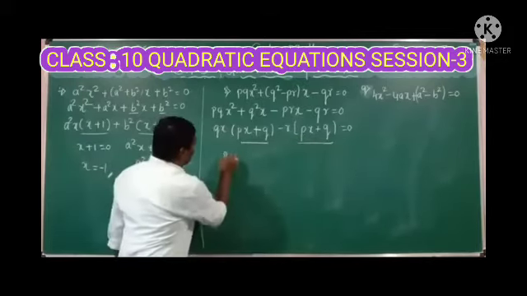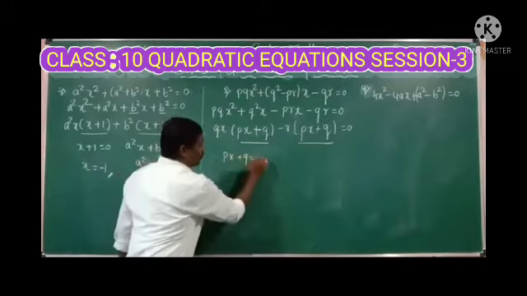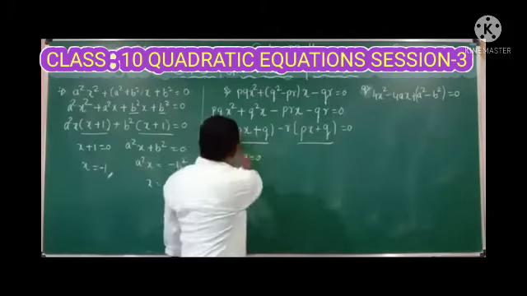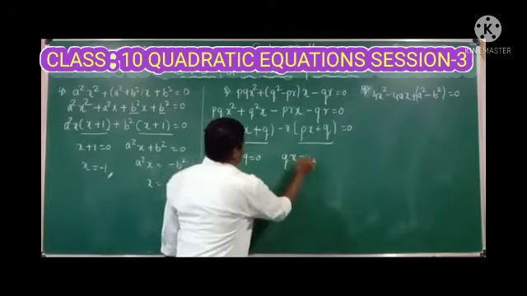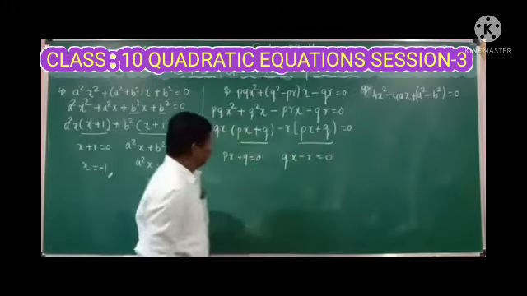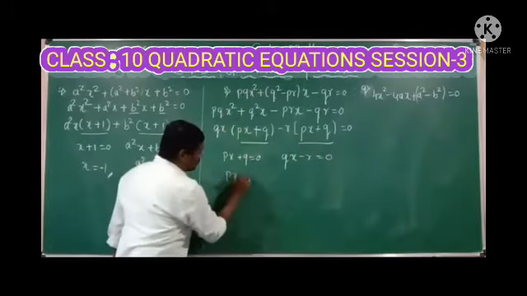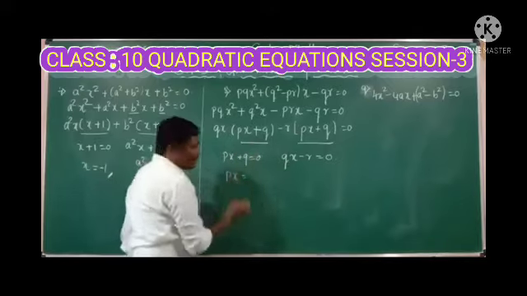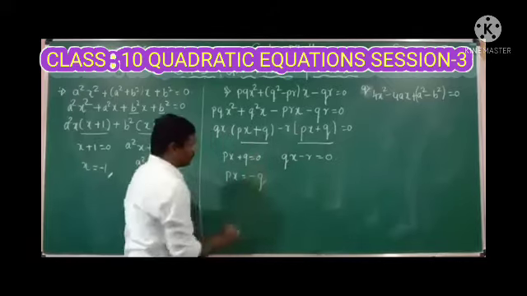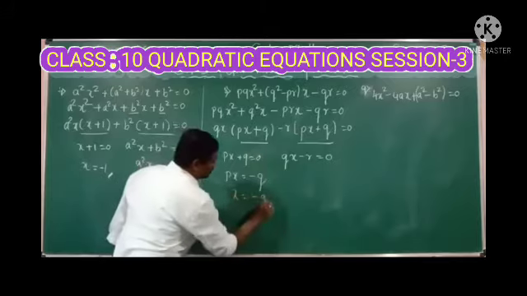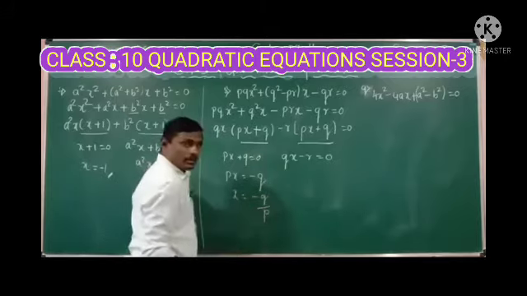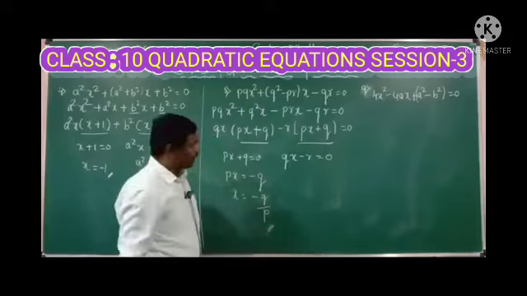Okay, so px plus q is equal to 0, one term, and another term is qx minus r is equal to 0. Now px is equal to, take this q to RHS side, it becomes minus q. Now x is equal to minus q by p. This is the first root of the quadratic equation.